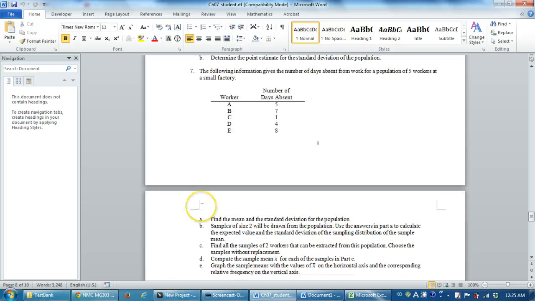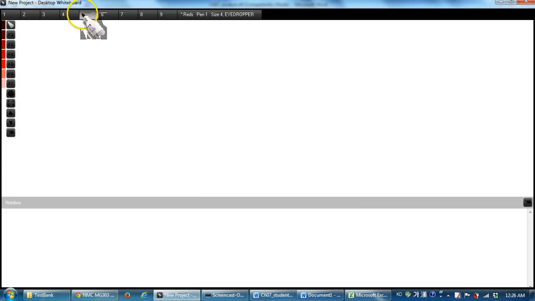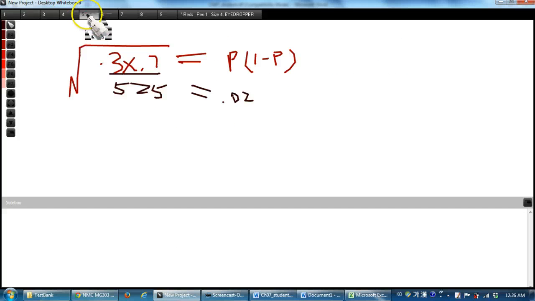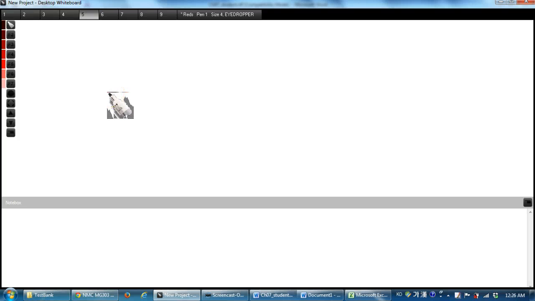And question number 7, I had a little different answer as compared to the publisher's answer. By the way, you can use the Excel sheets for those 5, and I come up with the standard deviation that is 2.73.